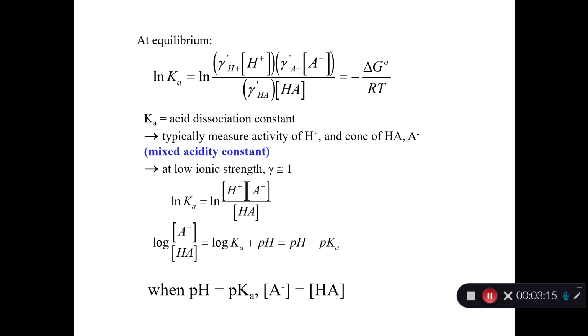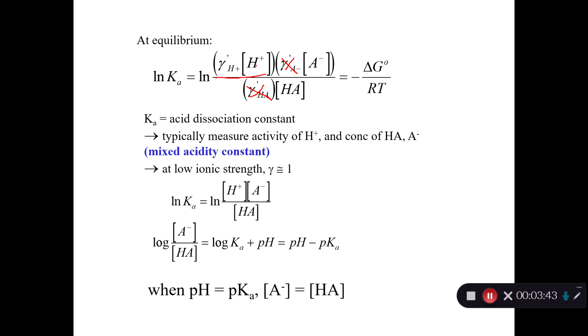So this Ka, the equilibrium constant for this acid dissociation, is called the acid dissociation constant. And you typically measure it in terms of the activity of the protons, so that's this. But then here you don't really worry about the activity coefficients for the A minus and the HA. The reason for that is because you typically measure the activity of protons by sticking a pH electrode into the system.